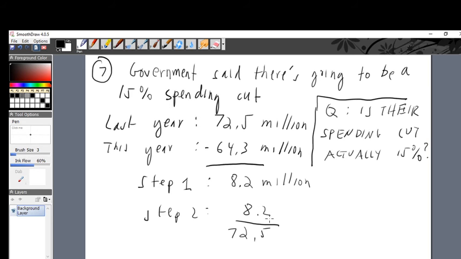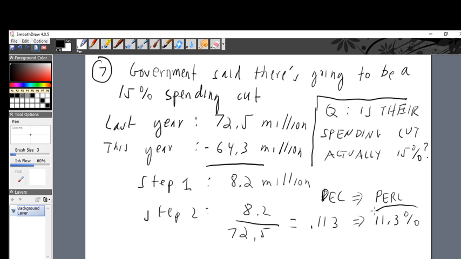Okay, so you take out your calculator again, divide 8.2 by 72.5, and you should get 0.113 in decimal. Is that 15%? Let's change this from decimal to percent. How do you change from decimal to percent? We talked about that in the previous video. You move the decimal place 2 places to the right and tack on a percent sign.